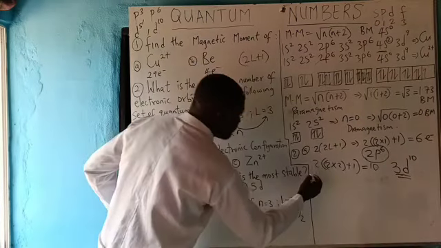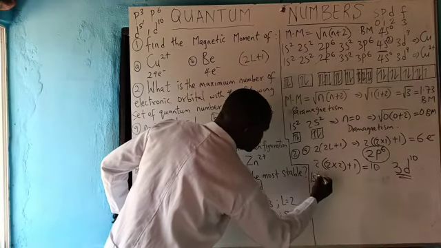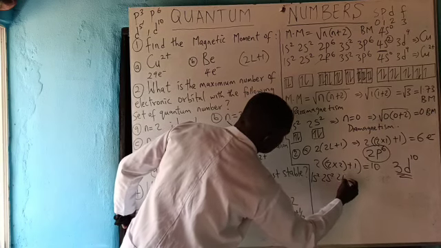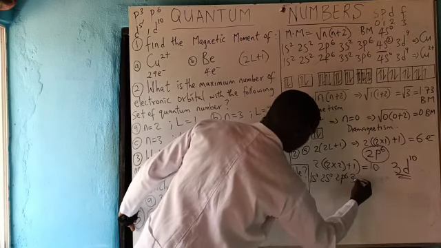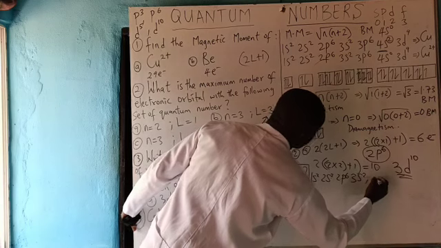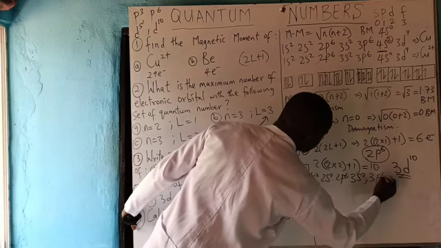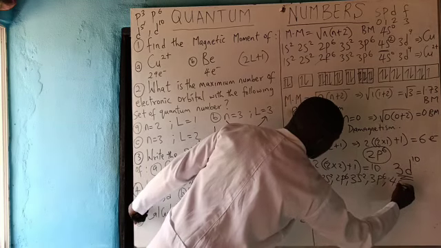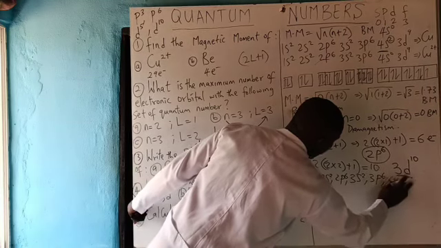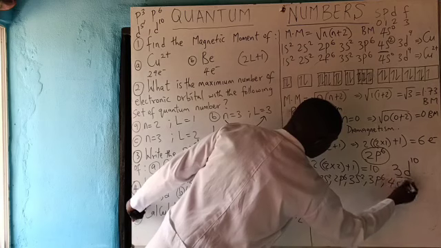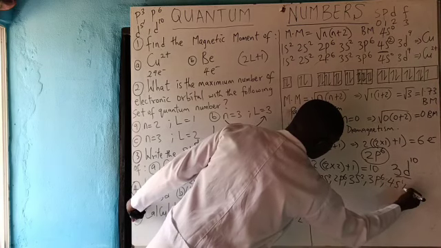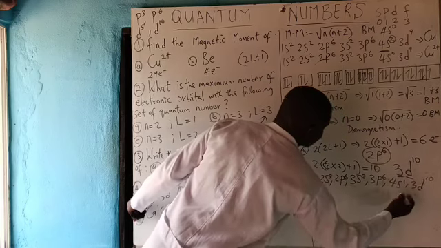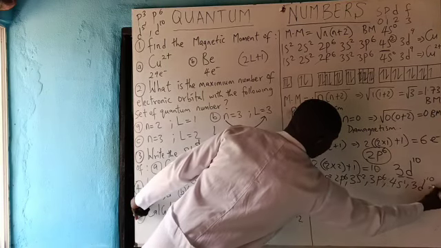And so we'll be having 1s2, 2s2, 2p6, 3s2, 3p6, 4s1, 3d10.